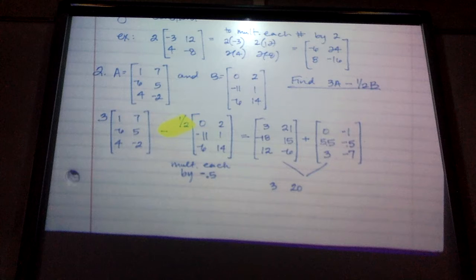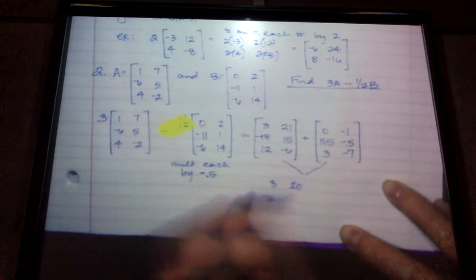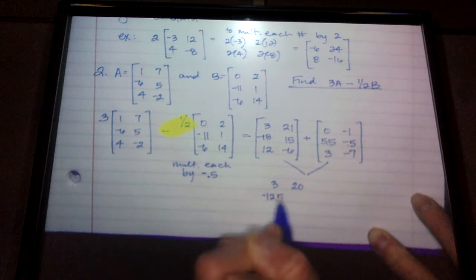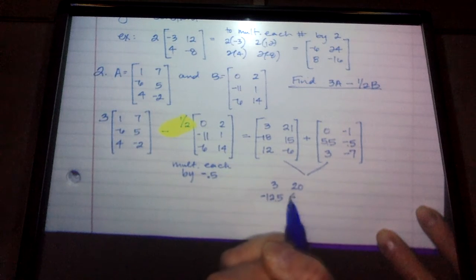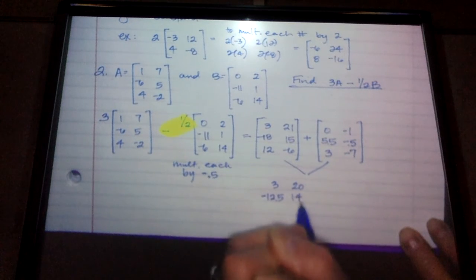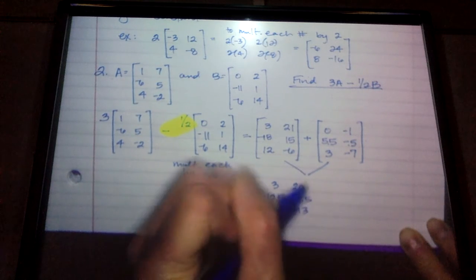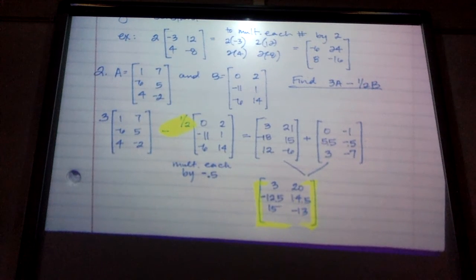Negative 18 plus 5.5, I didn't do that one earlier, is negative 12.5, sorry, I'm going to space that out. 15 and negative 0.5 is positive 14.5. 12 plus 3 is 15. Negative 6 minus 7 is negative 13. And so that would be the result. I hope that helps you guys do some homework problems in the future.